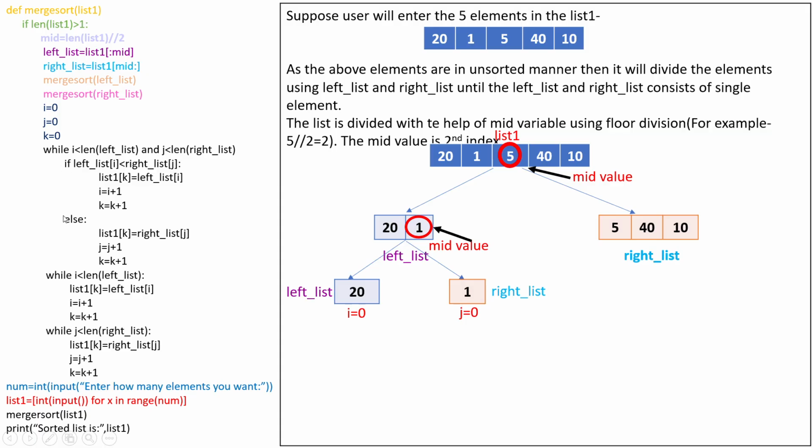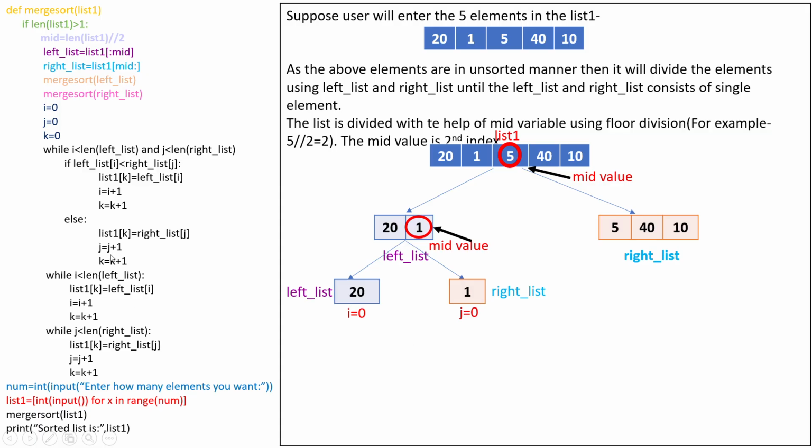So it will come towards the else part. Else part consists of what? List 1 of K. K is what? 0. List 1 of 0 equal to right list of J. What will happen? The right list element will be placed in the 0th position of K to sort the elements. Okay. So at my 0th position of K, the right list element will be placed, that is 1.